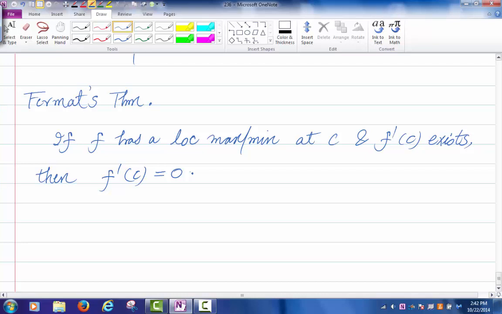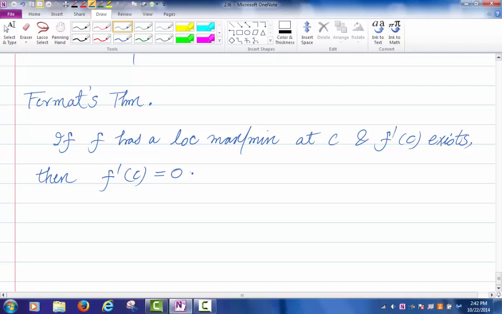Am I making sense? So this theorem says what I promised you. Remember I said if you have a local max or a local min at a point, at that point you must have a critical point. So that's what we are saying here.